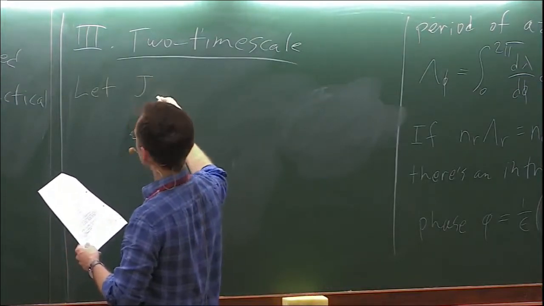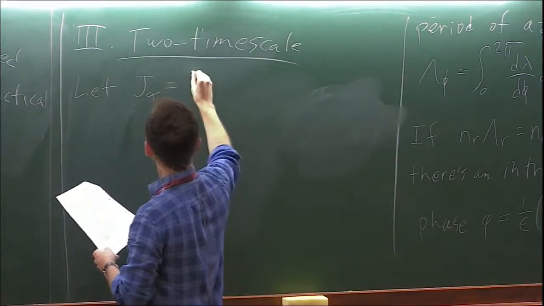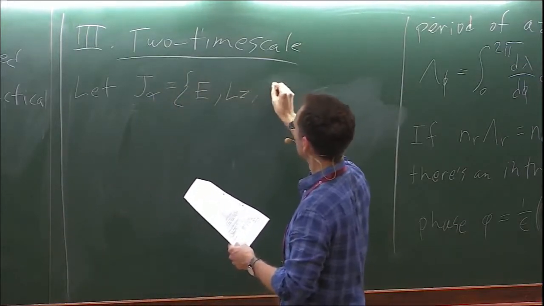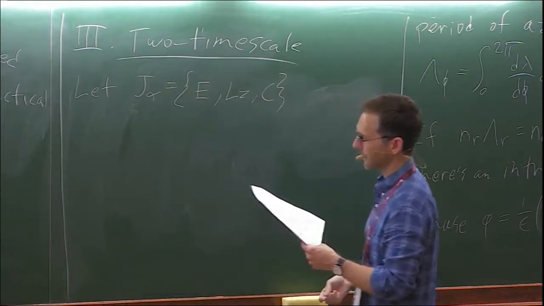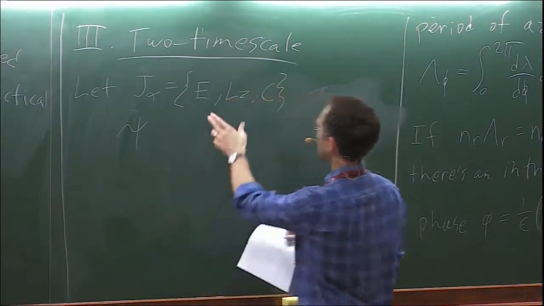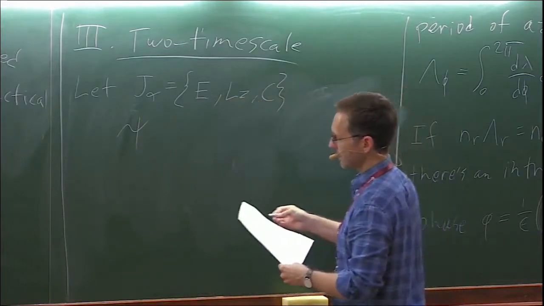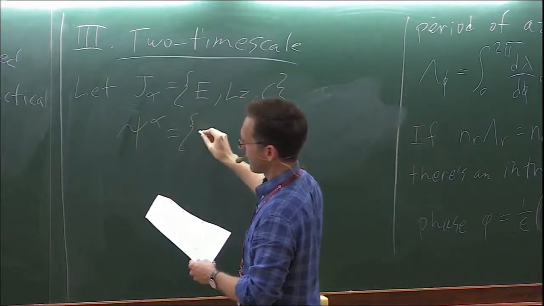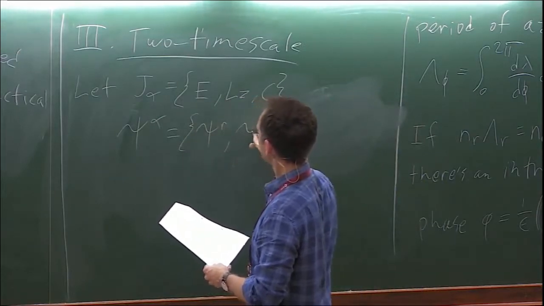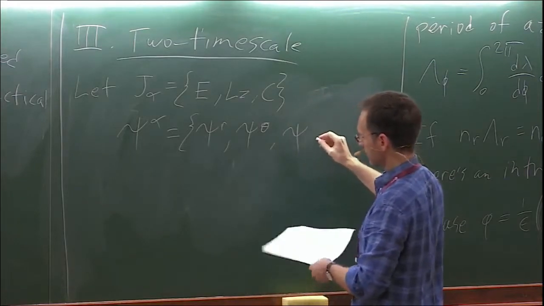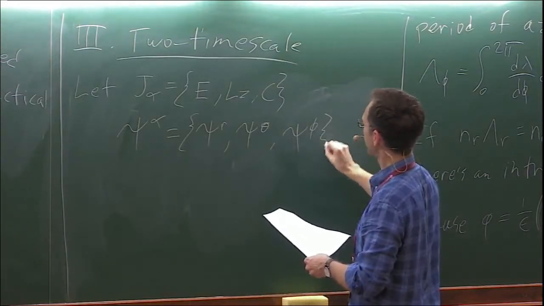We first introduce a set of orbital parameters, E, Lz, and C. But these are going to be evolving with time in a particular way. And we have a set of phases, psi r, psi theta, psi phi.